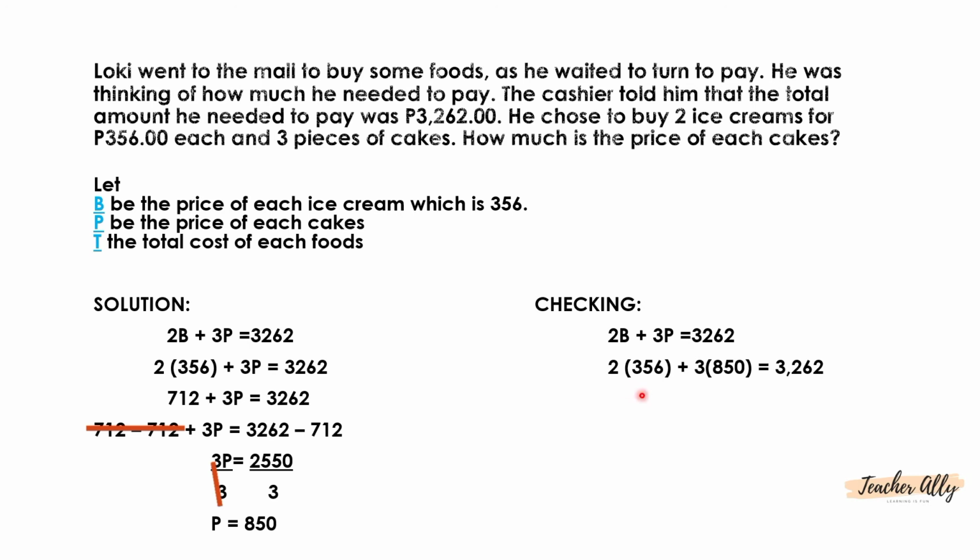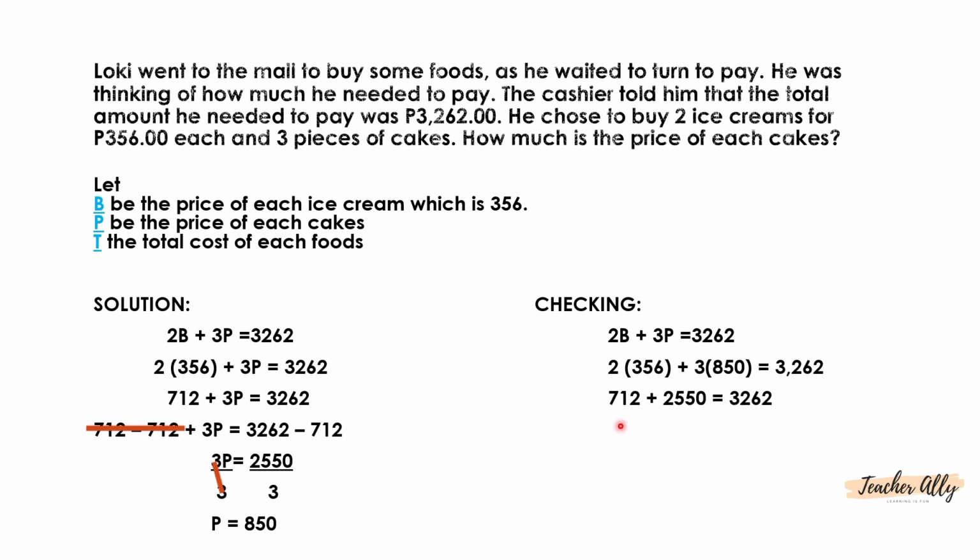2 times 356 plus 3 times 850 is equal to 3,262. 2 times 356 is equal to 712. 3 times 850 is equal to 2,550.